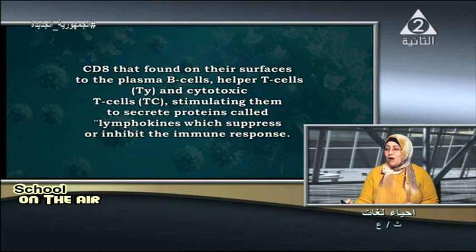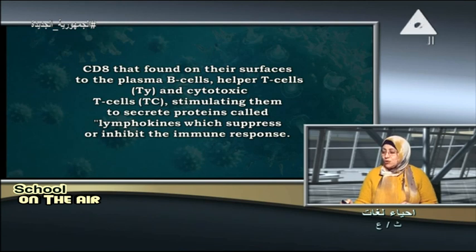CD8 is found on the surface of the plasma B cell, helper T cells, and cytotoxic T cells, stimulating them to secrete proteins called lymphokines, which suppress or inhibit the immune system from working.